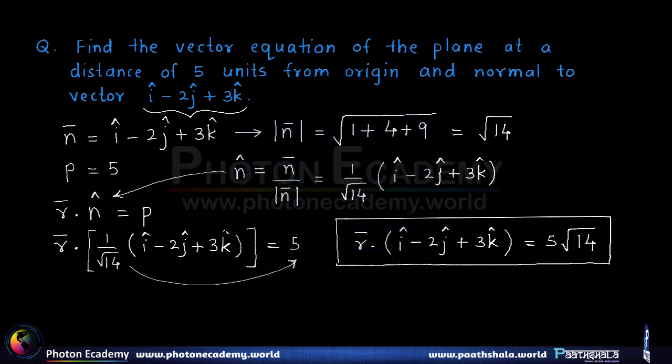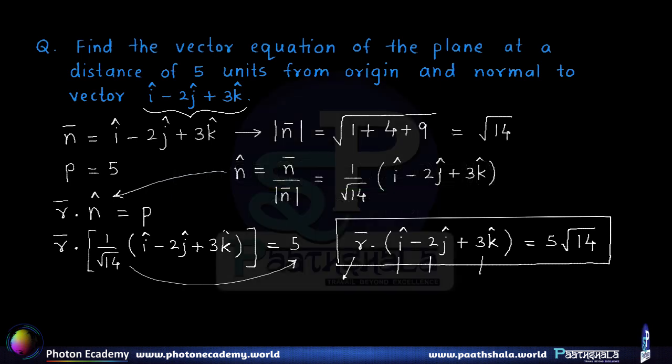If we want the Cartesian form, what we have to mentally imagine is that r bar is nothing but merely x i plus y j plus z k, isn't it? So the coefficients of i, j and k in the normal vector are to be merely multiplied with x, y and z respectively. Therefore, since the coefficient of i is 1, we write 1x, that is x. Then the coefficient of j is minus 2, so we write minus 2y.